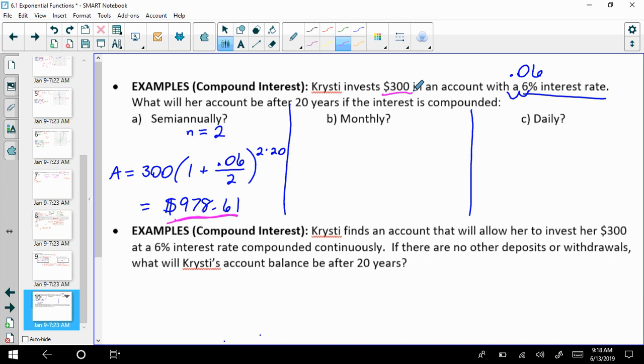What happens if I leave everything the same, but this time I'm compounding monthly? How many times a year would that be if I'm building on it monthly? Well, we should say n is now going to be 12 times a year. So when I set this up, everything else is not changing, but anywhere I had an n, I'm now using a 12.